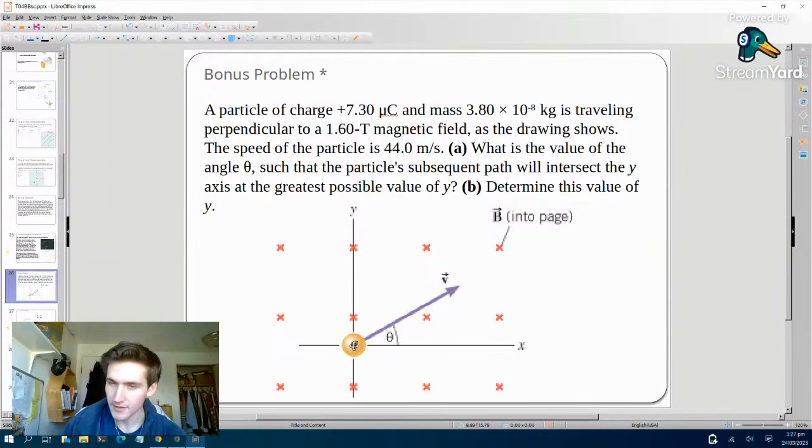So if we go to mass, which is 3.80 times 10 to the negative 8, times the velocity, which is 44, divided by the charge, which is 6.02 times 10 to the negative 19, times the magnetic field, which is 1.60 Tesla, we get 1.74 times 10 to the 12.